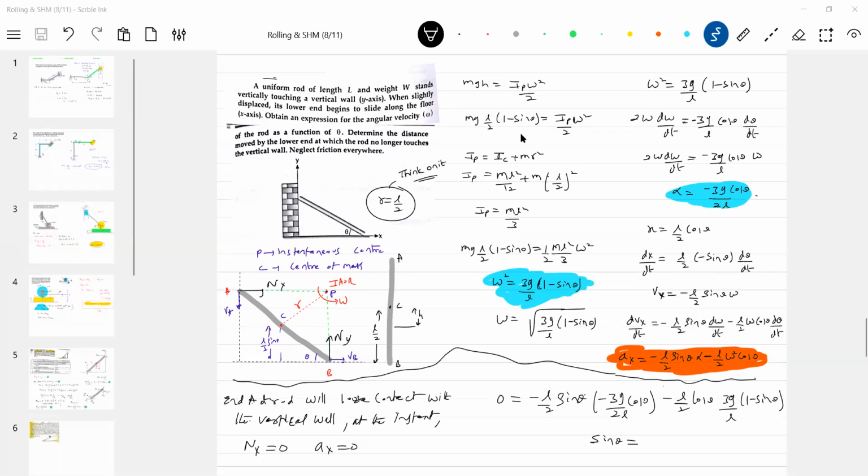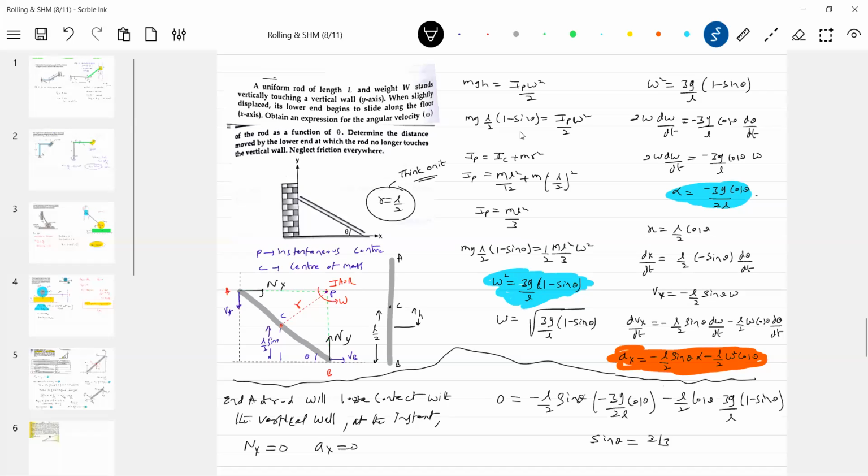L by 2, so 3g by 4 or 3g by 2L will get eliminated, and 3g by 2 cos theta will get eliminated. So only sin theta terms will be there. Sin theta equals 2 by 3, fine. The rod makes an angle theta equal to sine inverse of 2 by 3 when it loses contact. Okay, we got this one.